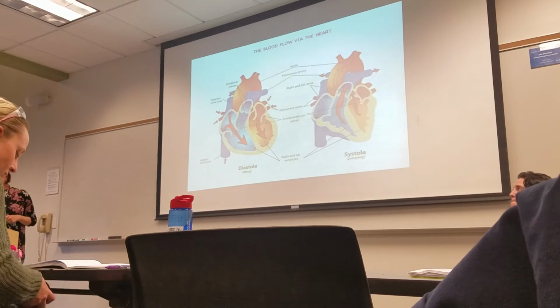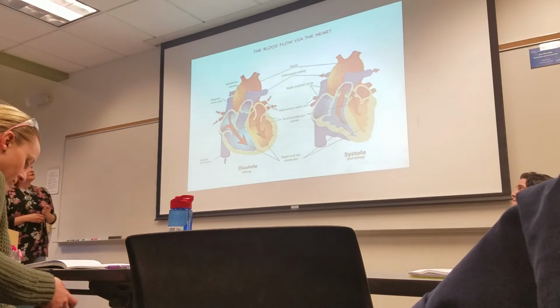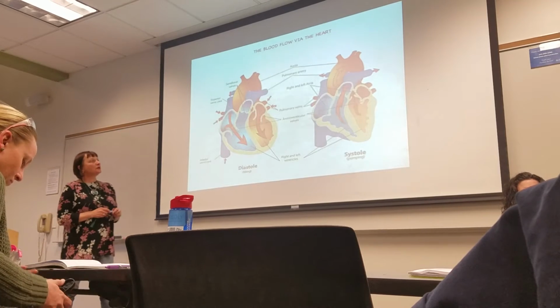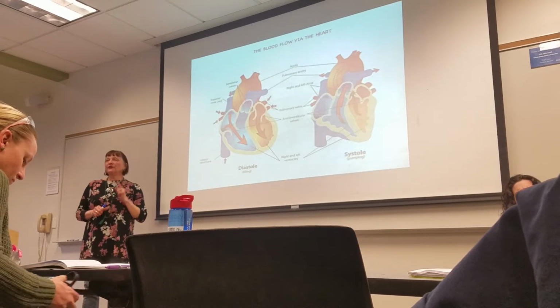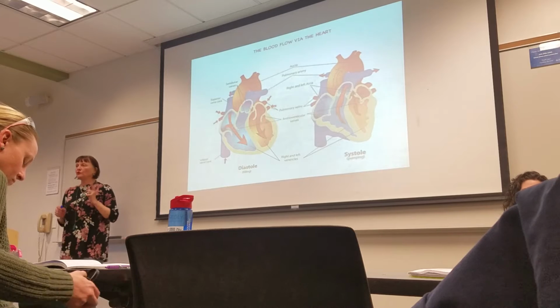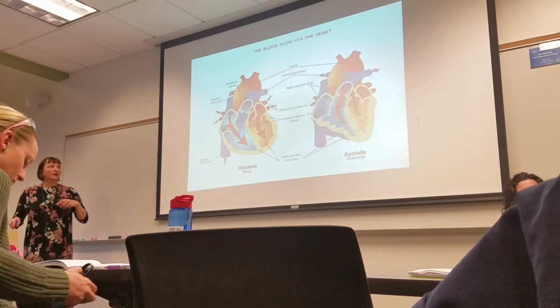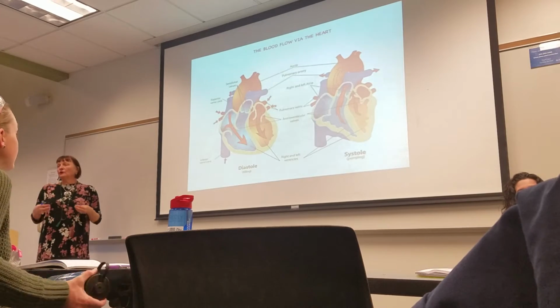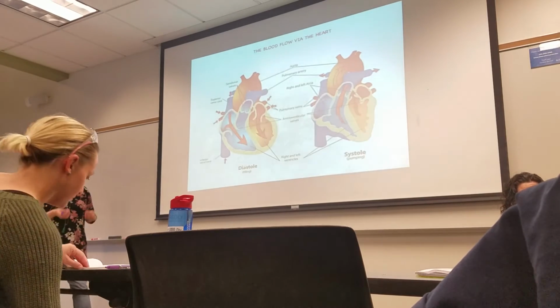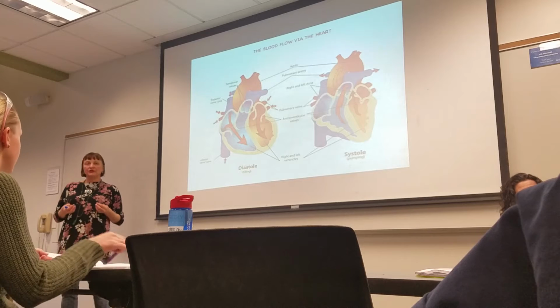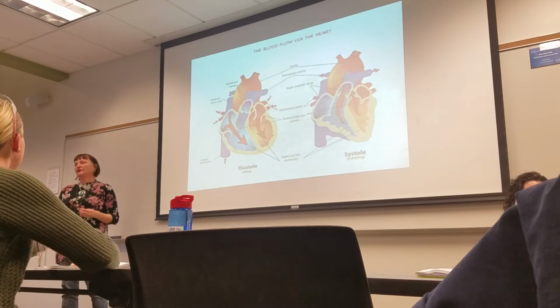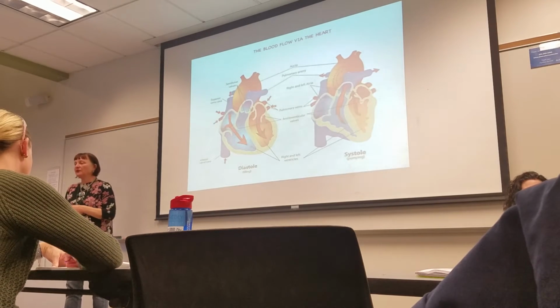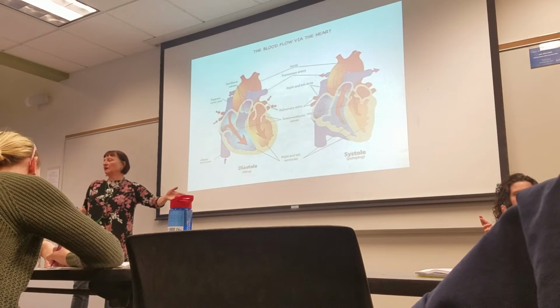Now, how does the blood go through the heart? A very important conceptual point. Of course, you know this, I think, but I want to emphasize it again. The major rule is that blood flows through the heart in one direction. It's only one direction, from the right part of the heart to the left part of the heart.